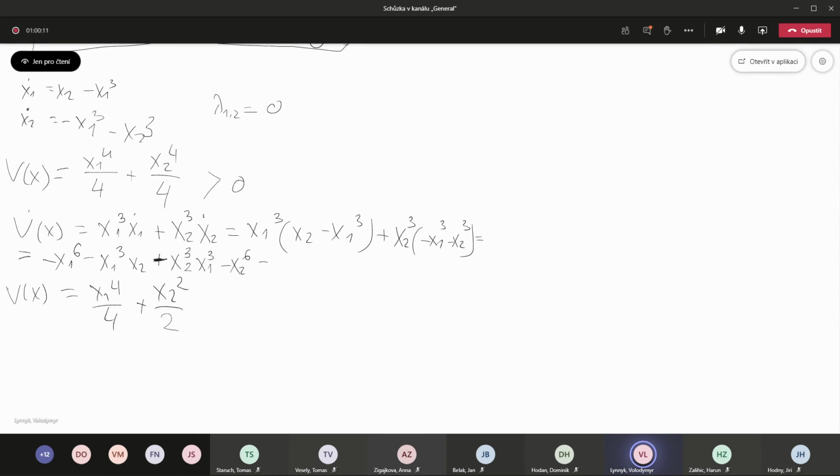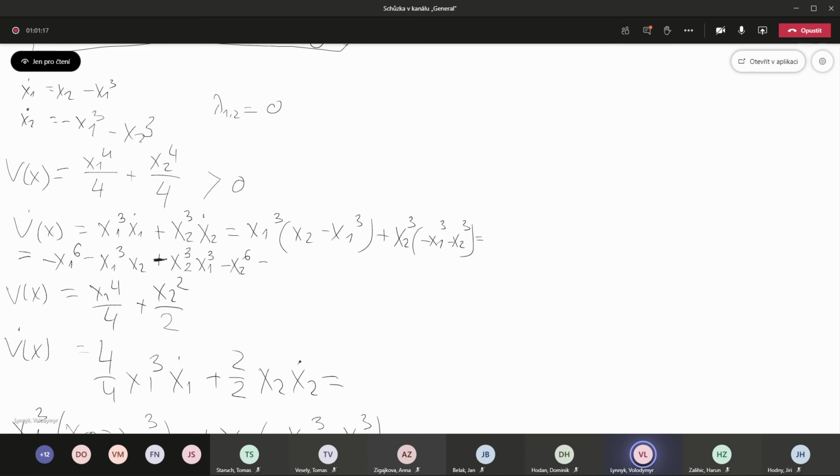And this is V of x, and V dot of x is equal to 4x1 cubed x1 dot plus 2x2 x2 dot, and is equal to x1 cubed times x2 minus x1 cubed, plus x2 times minus x1 minus x2 cubed.